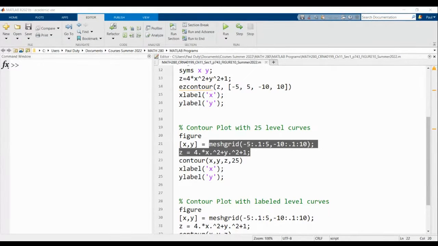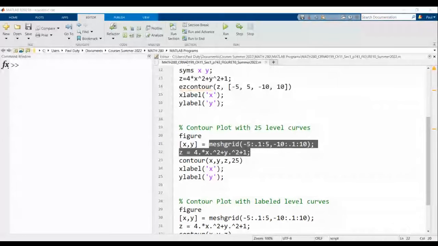What you're telling MATLAB is, for every point in this grid that you're creating, please evaluate the function. You've got to use the dot before all of your operators, except for plus and minus. So just keep that in mind.